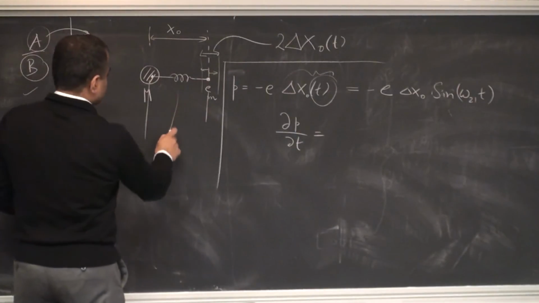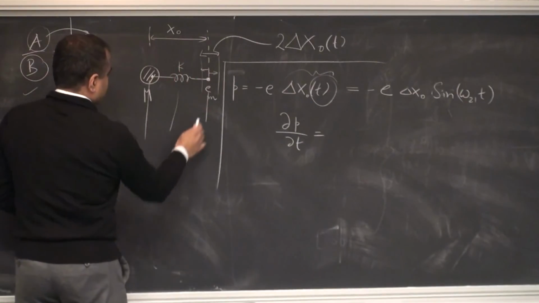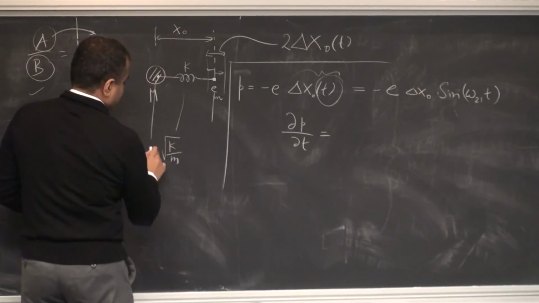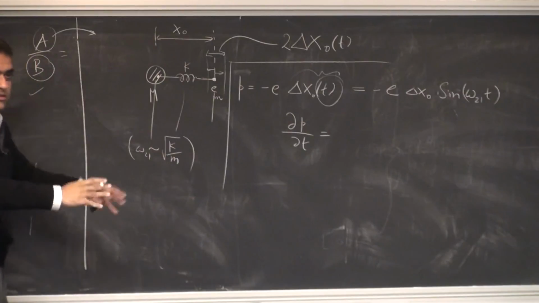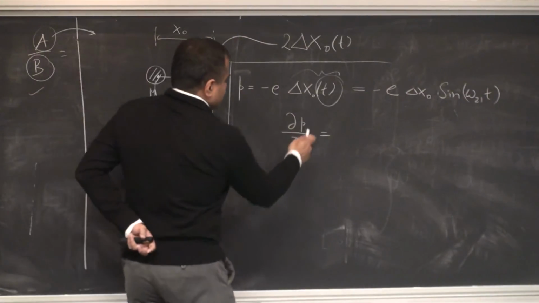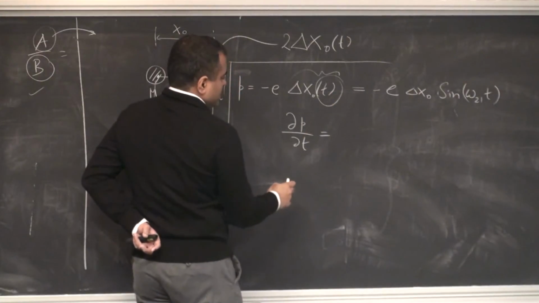It's similar to a classical mass-spring system with spring constant k and mass m, where omega would be roughly the spring constant over the mass, and it would oscillate like that.